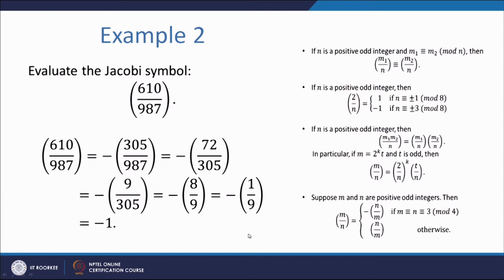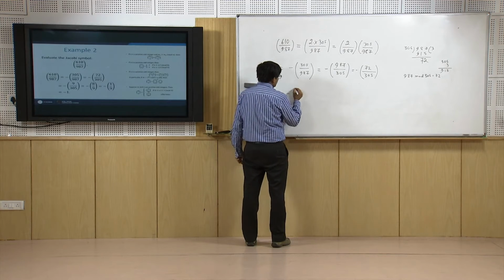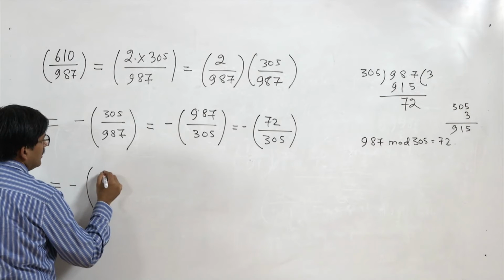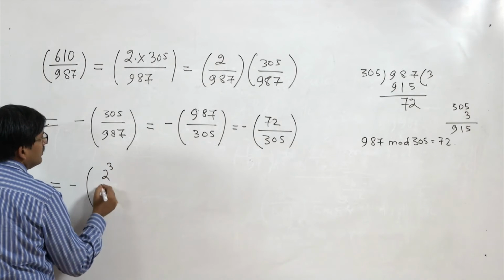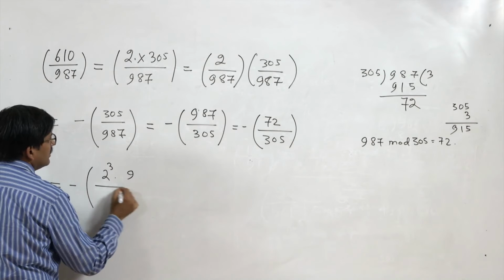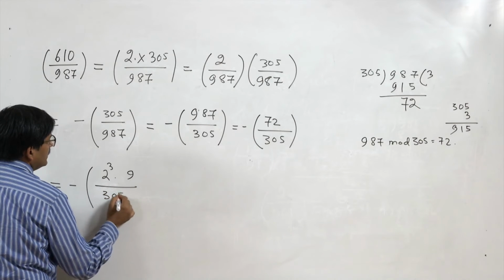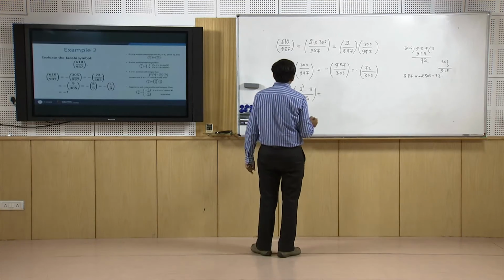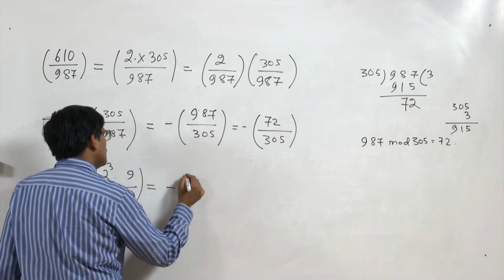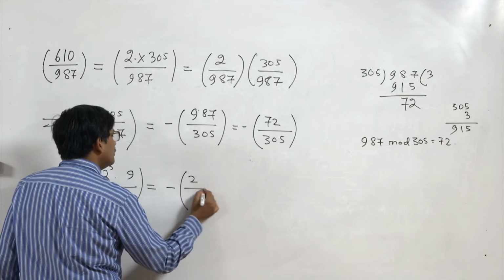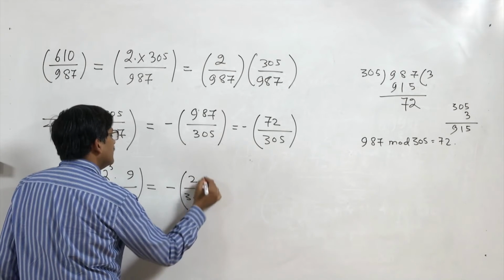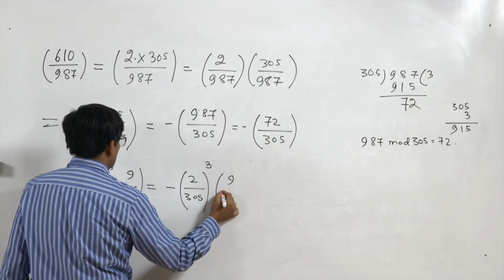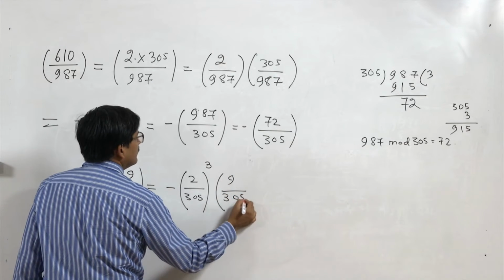Therefore, we have 2 cube into 9 by 305, and then using the third rule I can write minus 2 by 305 whole cube, 9 by 305.